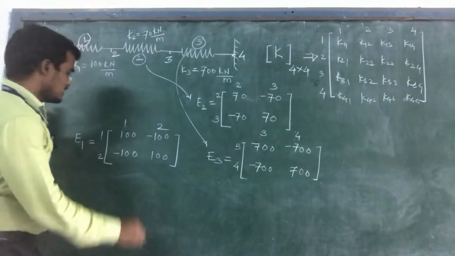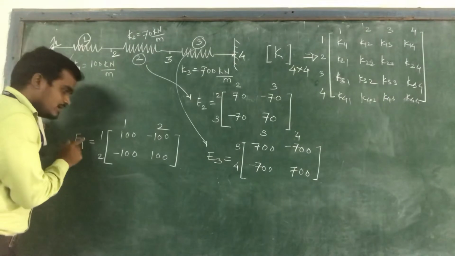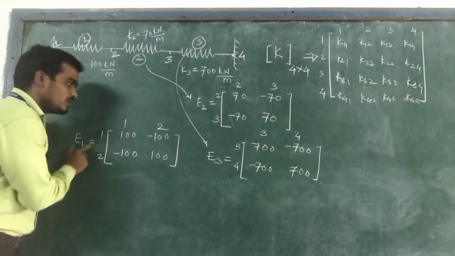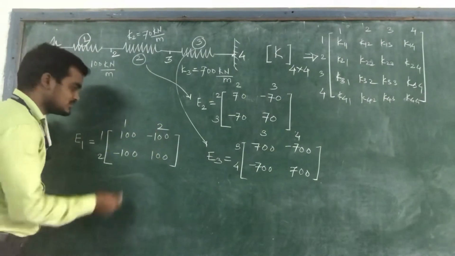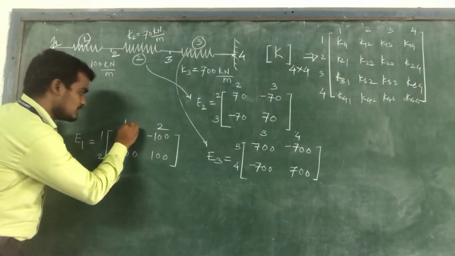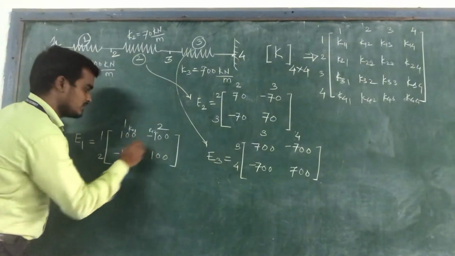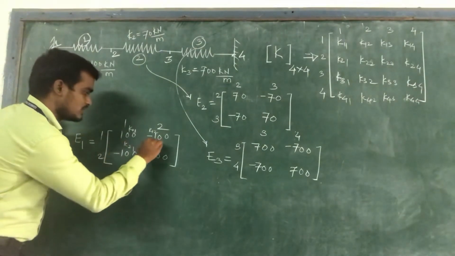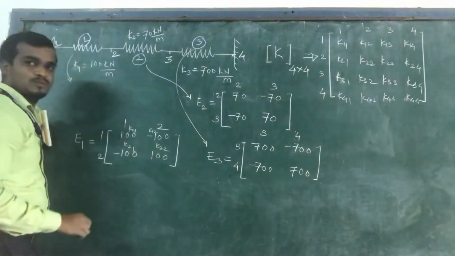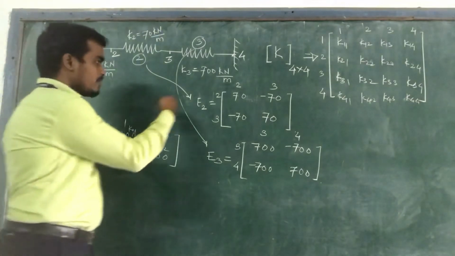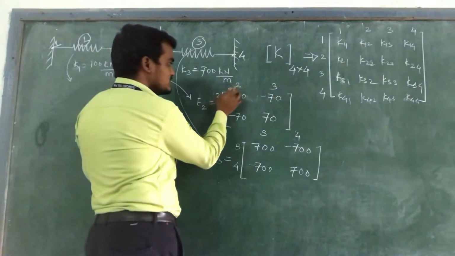It means the position of this elemental stiffness matrix is between node 1 and 2. It is actually nothing but K11, K12, K21, K22. Okay. So similarly you can map this also. It is between 2 and 3.